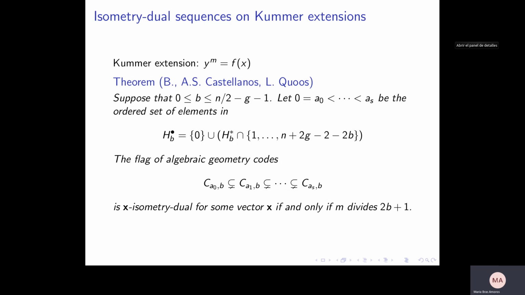In this case, the corresponding sequence of algebraic geometry 2-point codes is X isometry-dual for some vector x if and only if n divides twice b plus 1.